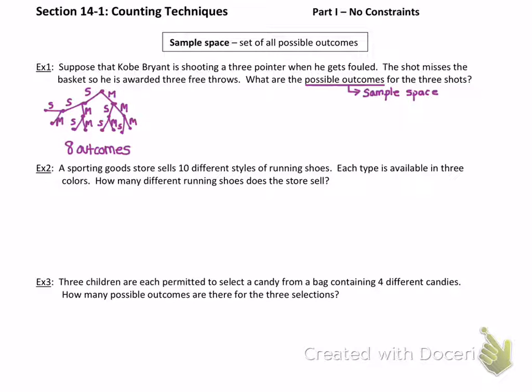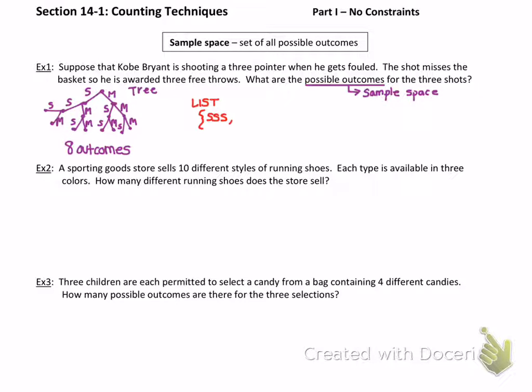Okay, so this is the tree method, and we're going to take a look at if we listed it. A list is very similar, except it's just listed out. So we can even go down the tree or just simply logically think of all the possibilities. He could make all 3.